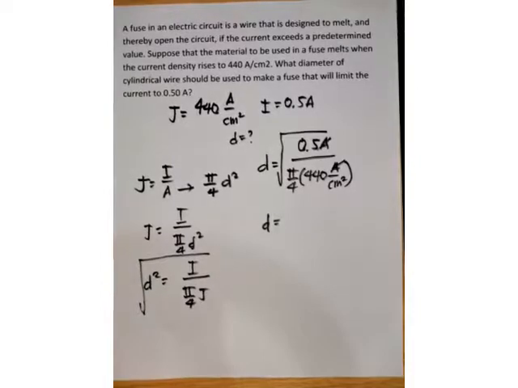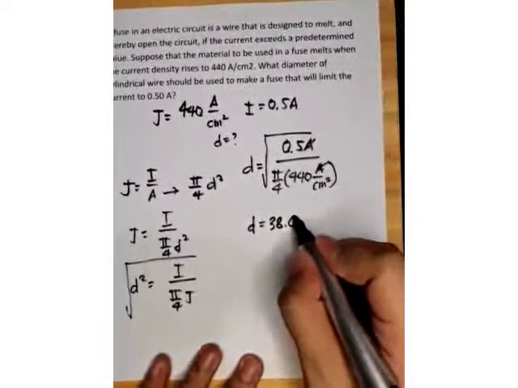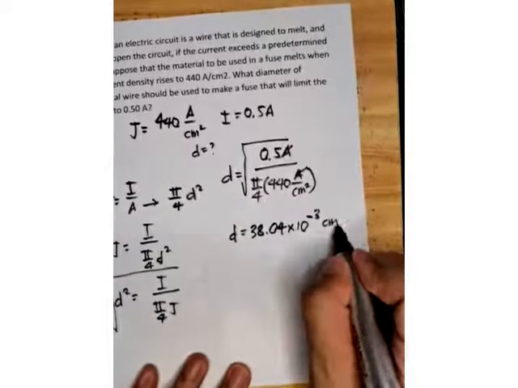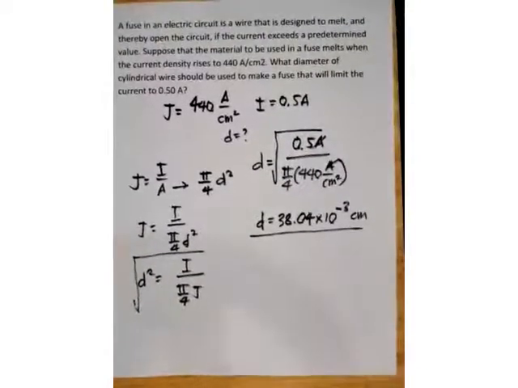So square root of 0.5 over pi over 4 times 440. Ayan. So that's equal to 38.04 times 10 to the negative 3 centimeters. Ayan. So this is our final answer.